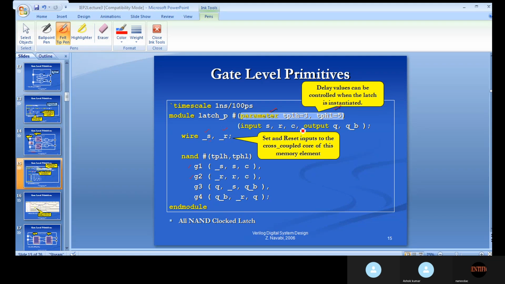During the simulation, you can change the rise time and fall time. Okay, you can change the rise time and fall time during the simulation if you are assigning a keyword called parameter.